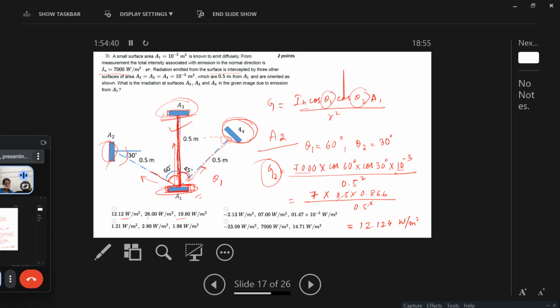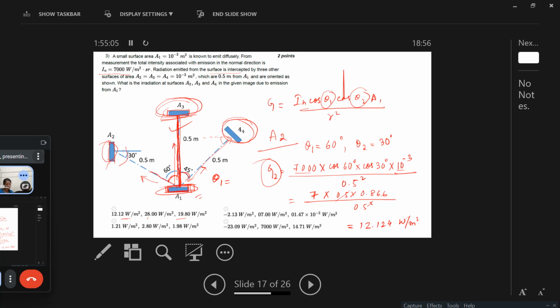And the other line is made by, suppose if we take A3, then we have to take the normal of that. For theta 1, the angle made by the normal to A1 with the connecting line between the other surface, so maybe A3, A2, A4, that is theta 1.